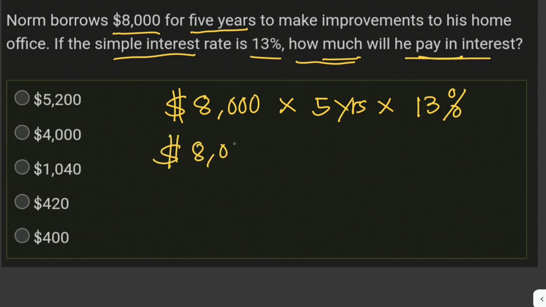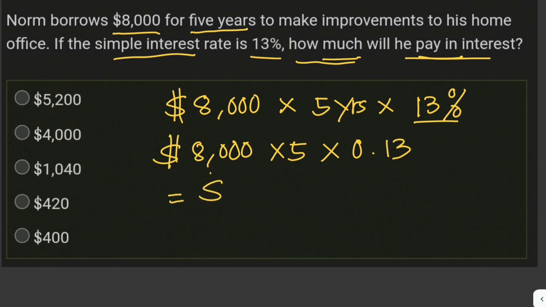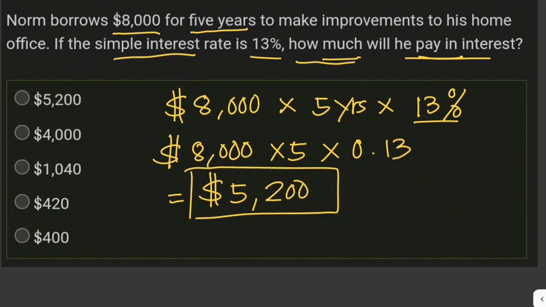This is $8,000 times 5. We need to convert this in decimal form, so this is 0.13, and this would give us $5,200. So this is the amount he will pay in interest. So this is our answer here.